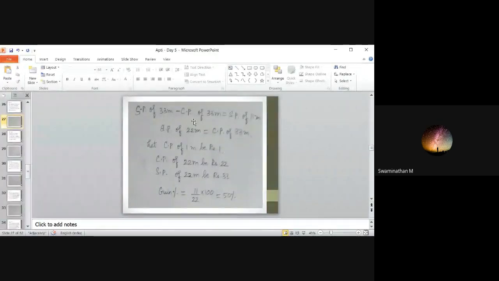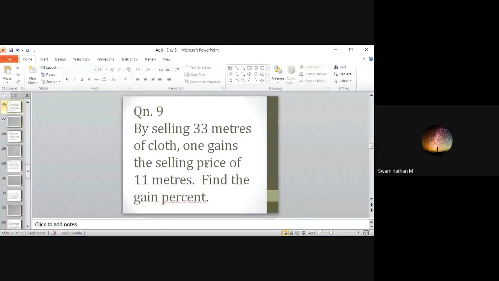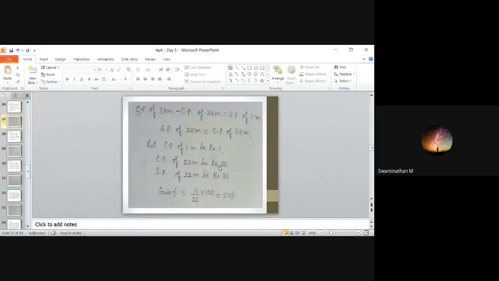Yes. So for profit, you have to calculate like this. Selling price minus cost price equals profit. Selling price of 33 meters minus cost price of 33 meters, that is your profit. What is given? The profit will be equal to the selling price of 11 meters. So if the selling price of 11 meters comes here, the selling price of 22 meters is equal to the cost price of 33 meters. Clear?